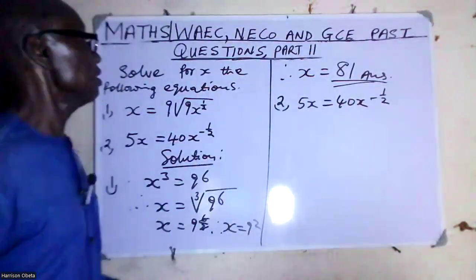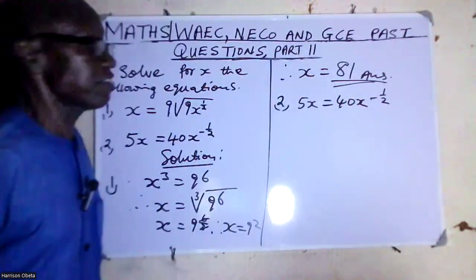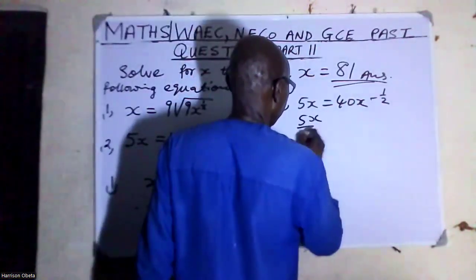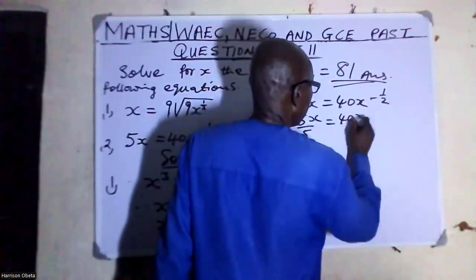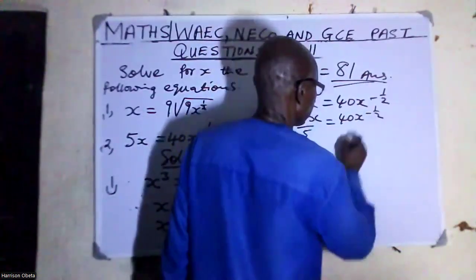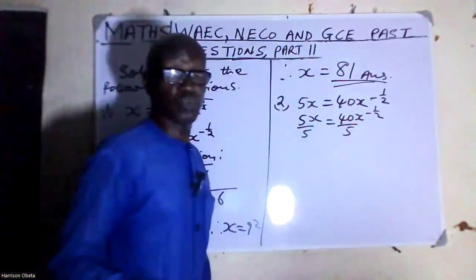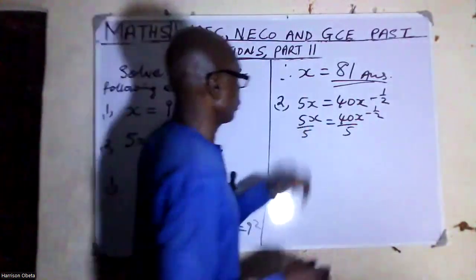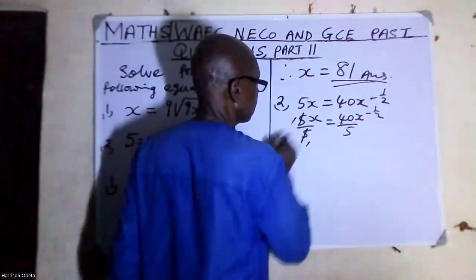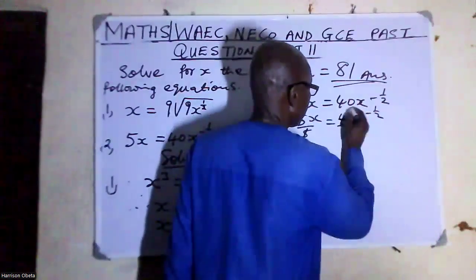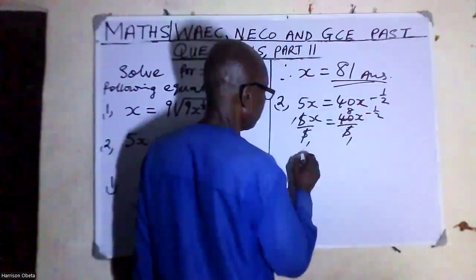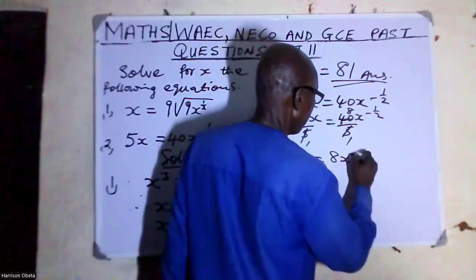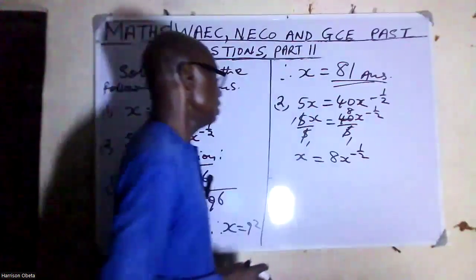Again, by mere looking at it, you know that 5 can divide both sides. And that means that 5x over 5 is equal to 40x raised to the power minus half over 5. Yes, we are doing that so that we can reduce the figures. This will be 1. This is 1. This is 8. So that means that x is equal to 8x raised to the power minus half.